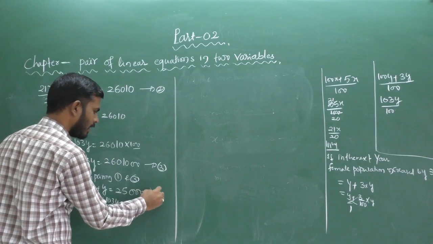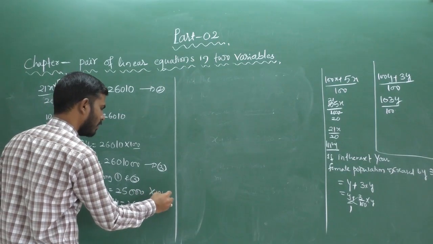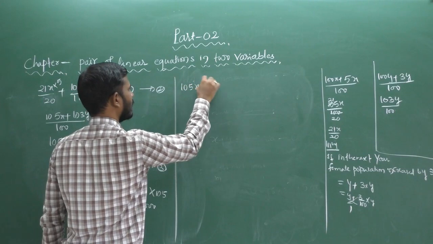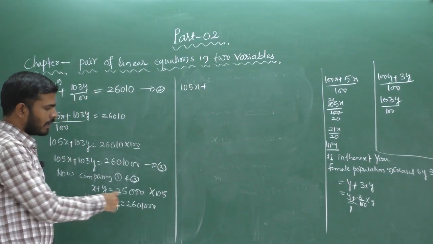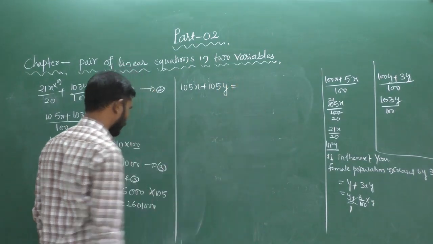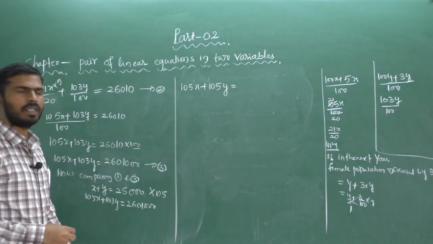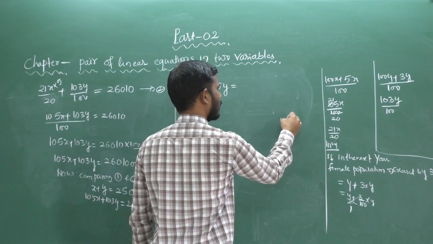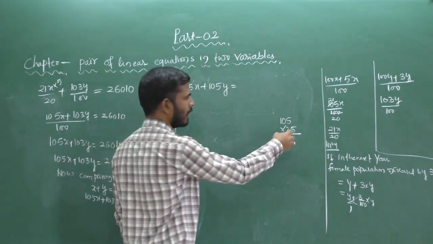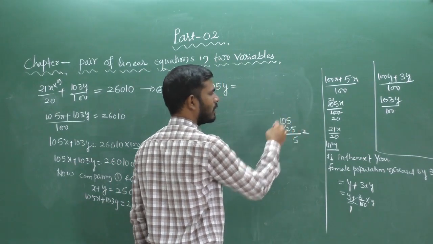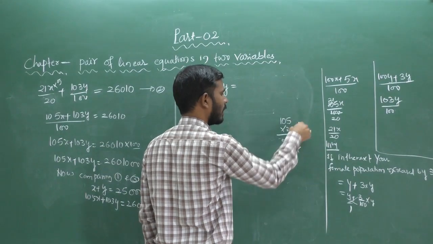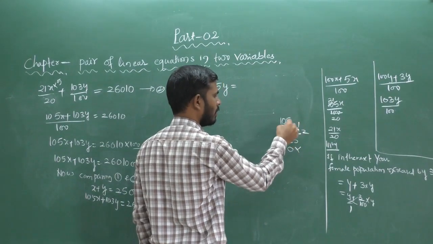That's why I have to multiply here by 105: 105 into x, 105x plus y into 105, 105y equal to 105 into 25. So 105 into 25: 5 fives are 25, carry 2; 5 zeros are 0; 5 twos are 10, carry 1; 2 ones are 2, 1 more is 3.